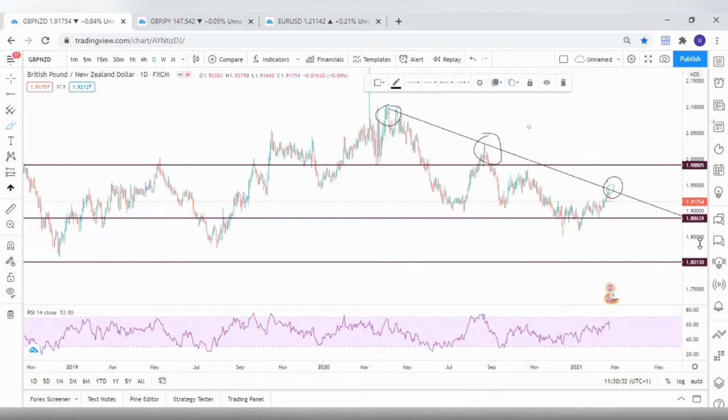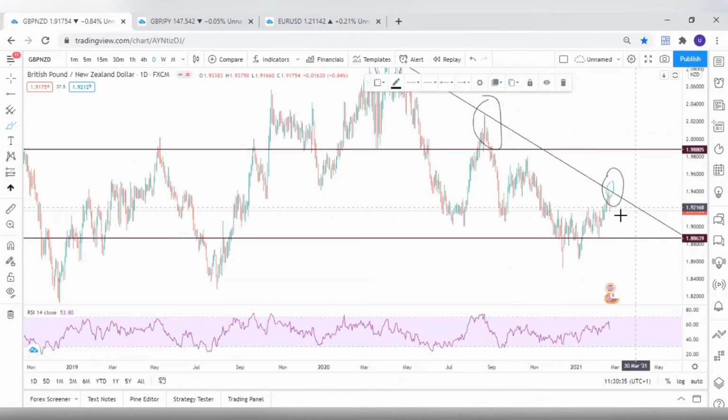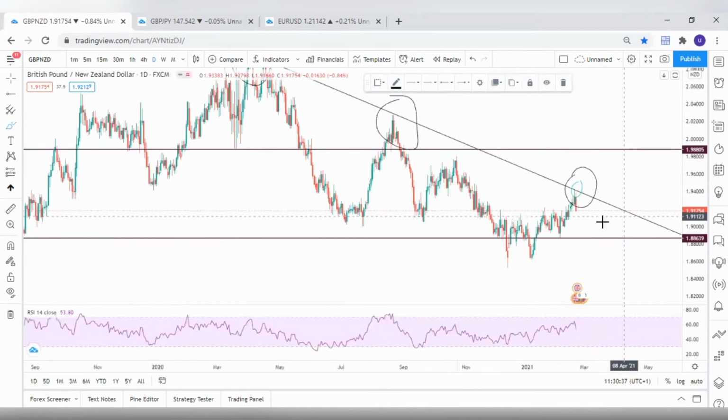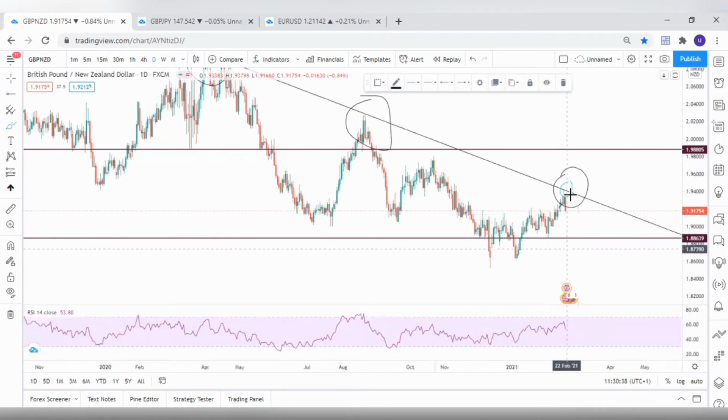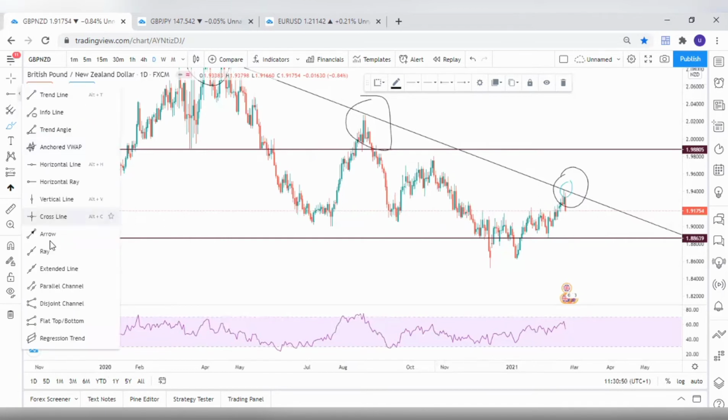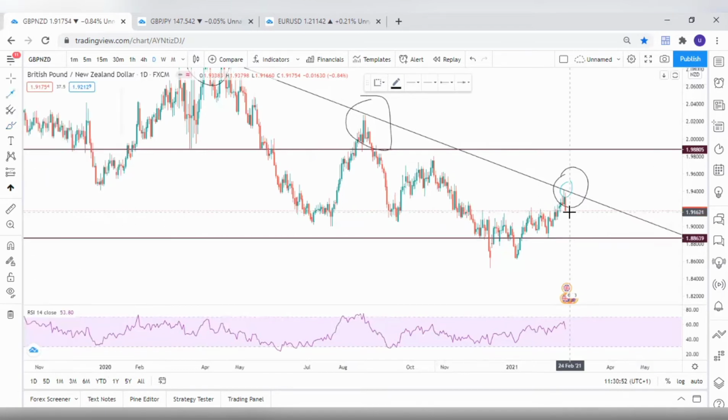So what do we expect from this pair? It has already formed a bearish engulfing candle on a resistance line. So what we'll be expecting is that the market pushes to the downside. We expect that the price pushes back to the downside.